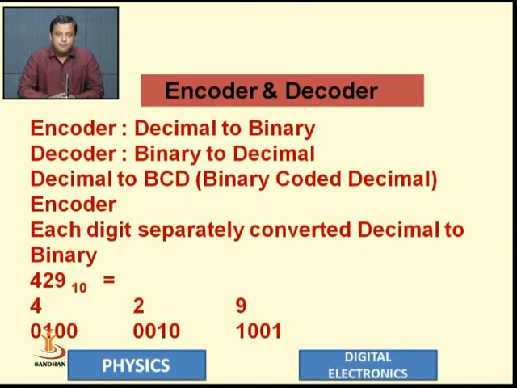Decimal to BCD means binary coded decimal encoder. For example, 0 to 9 means 10 digits, that comes in the decimal system, but in a binary system we use either 0 or 1, either high or low, either on or off.